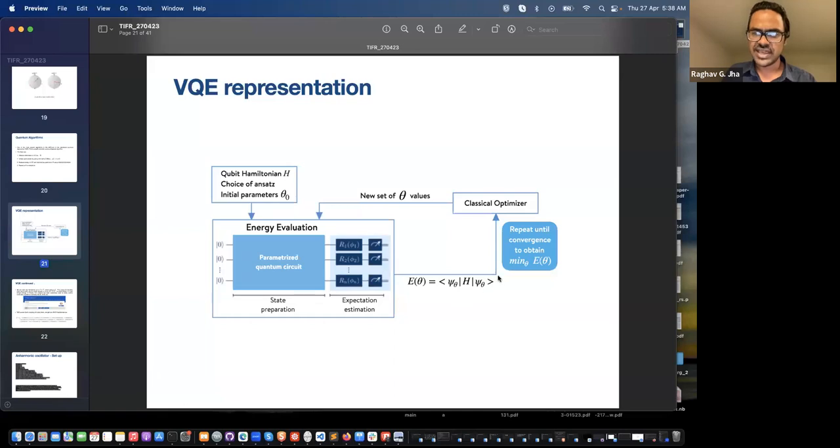Then you pass it to the classical optimizer, which gives you a new set of theta values, and you again do the same step. You keep on doing this until you obtain the desired accuracy.